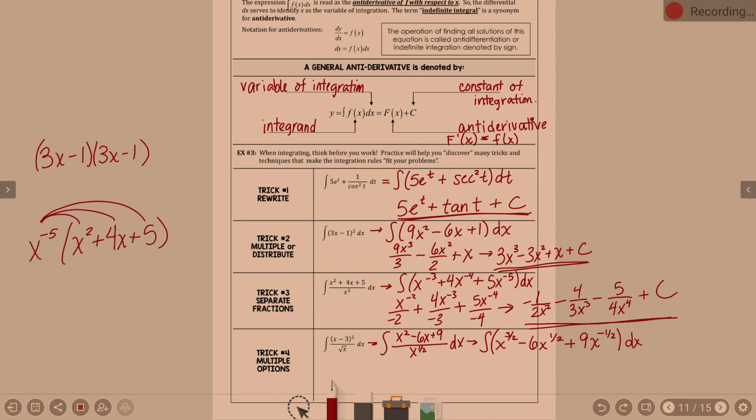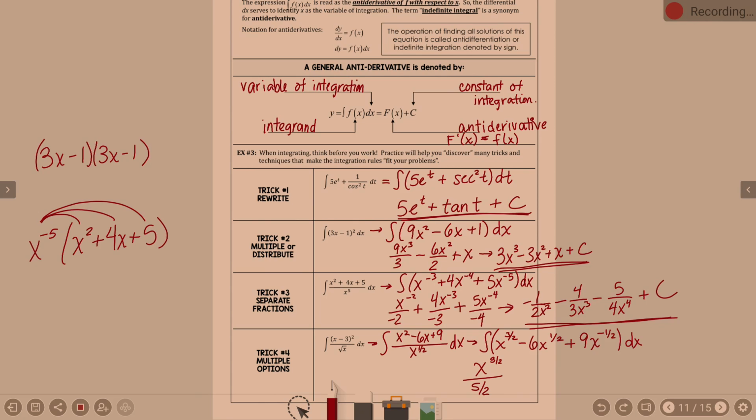So add 1 to the power, and we have x to the 5/2, which means you're dividing by 5/2. Eventually, instead of dividing by 5/2, you multiply by 2/5. I'll do that next time.